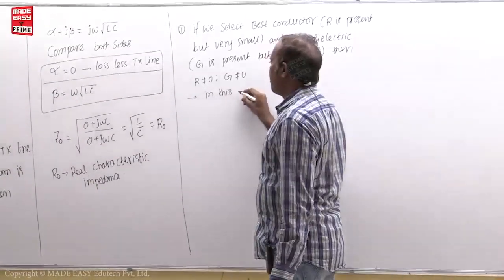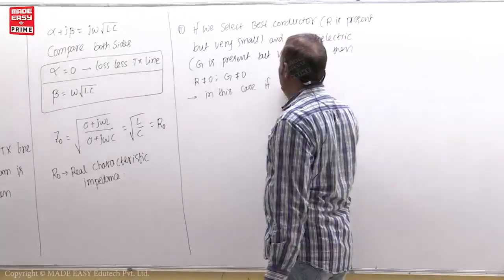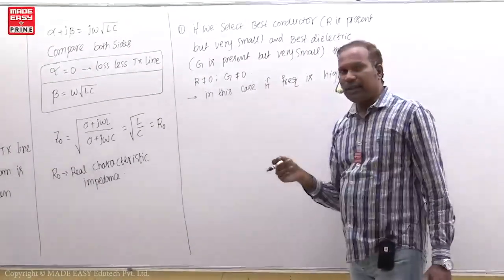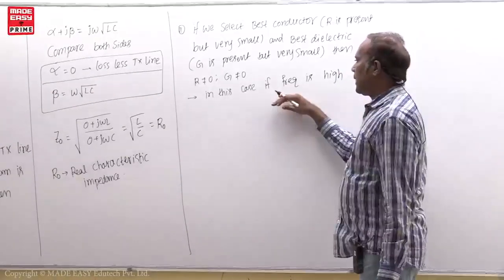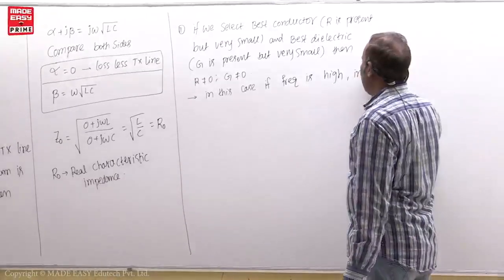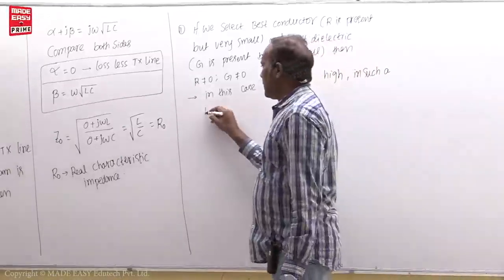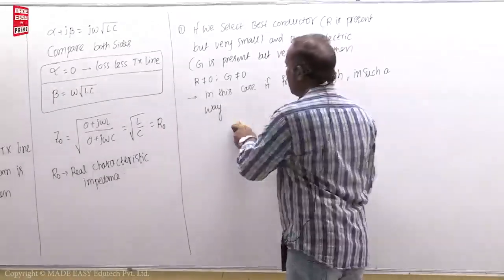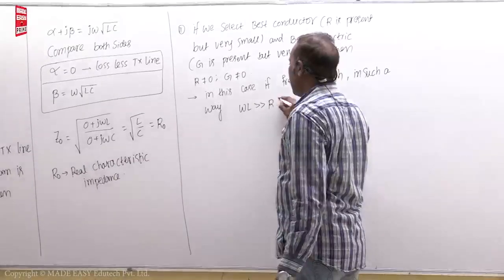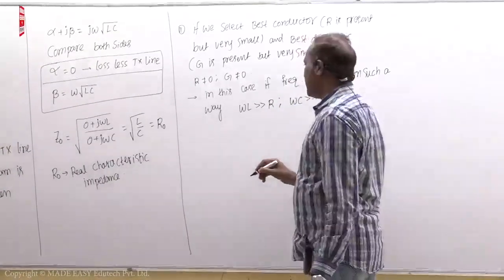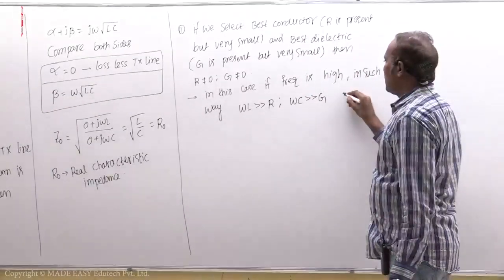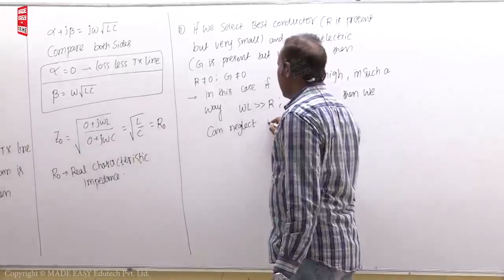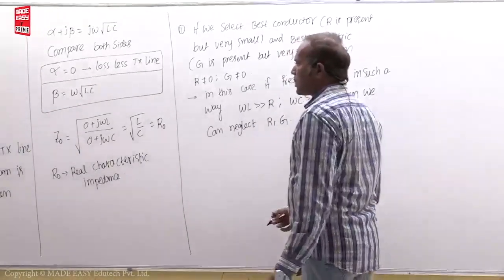In this case, if frequency is high, that means the frequency of the signal which we are sending is high, in such a way that omega L is much greater than R, and omega C is much greater than G, then we can neglect R and G. So what discussion is going on?